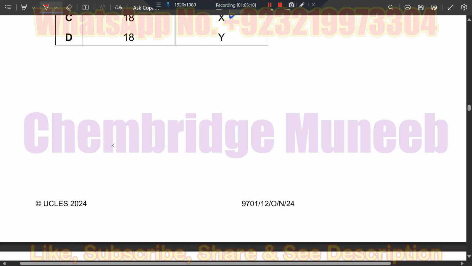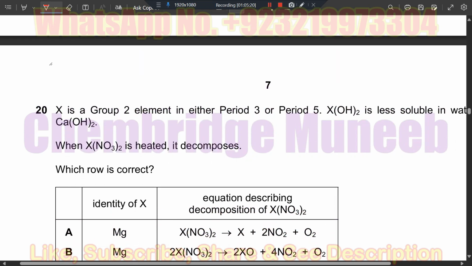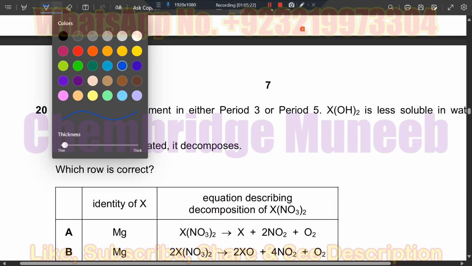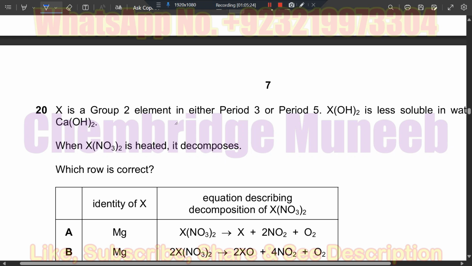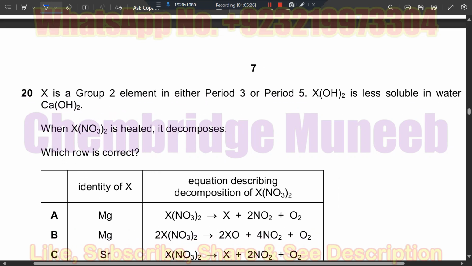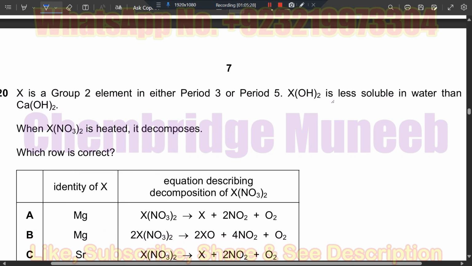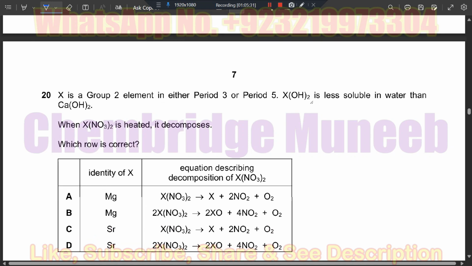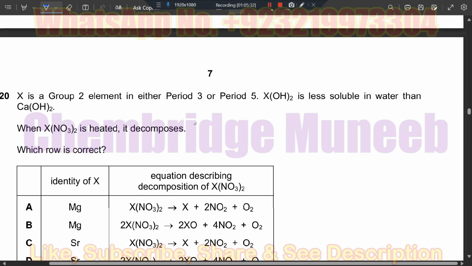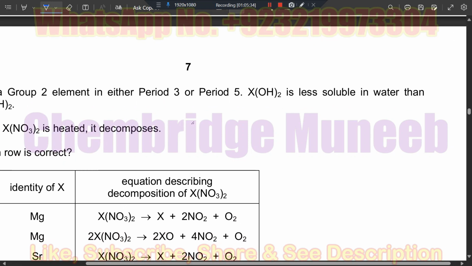Now next, question number 20. X is a group 2 element, either period 3 or period 5, and X hydroxide is less soluble in water than calcium hydroxide. Okay, first check which could be the element.